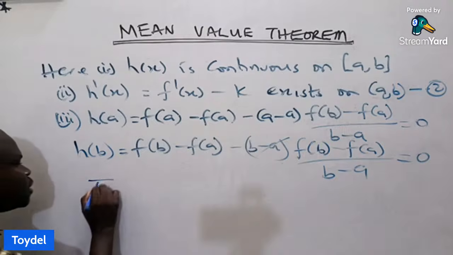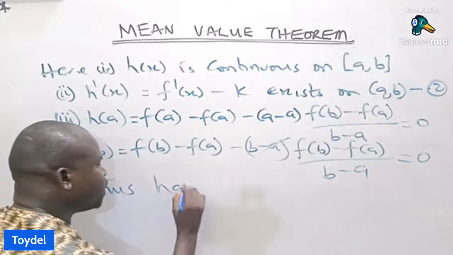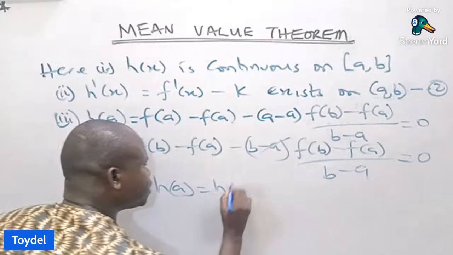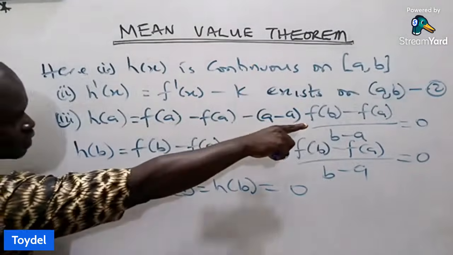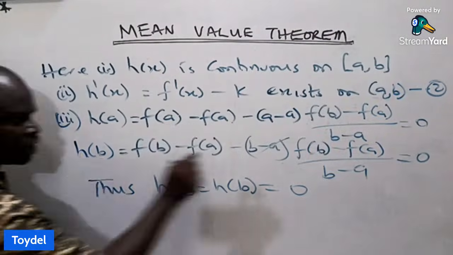Then we now say thus h of a is equal to h of b and is equal to 0. We have been able to show that h of a is equal to 0, and that h of b is equal to 0.